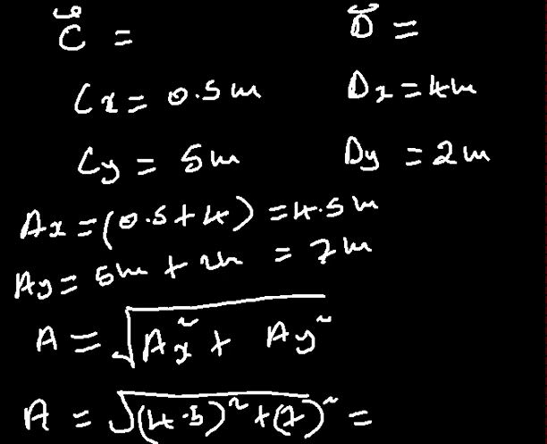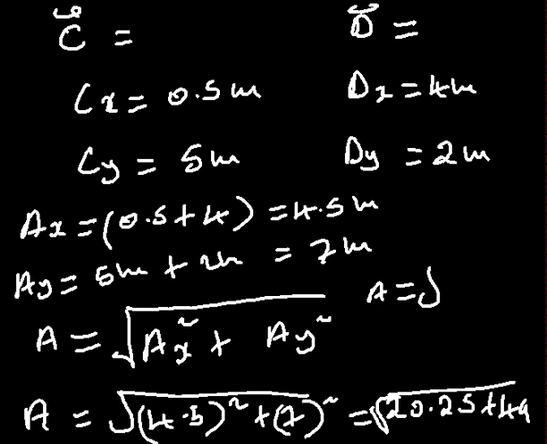From there we have 4.5 squared, which is 20.25, plus 49, all in the square root. We sum those up, and the resultant A is given as the square root of 69.25.